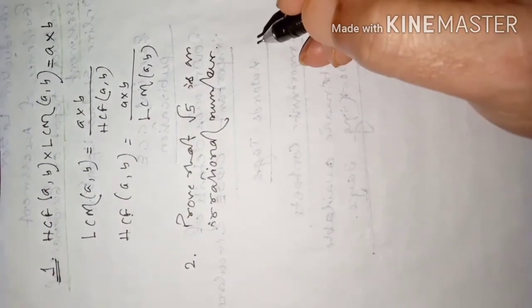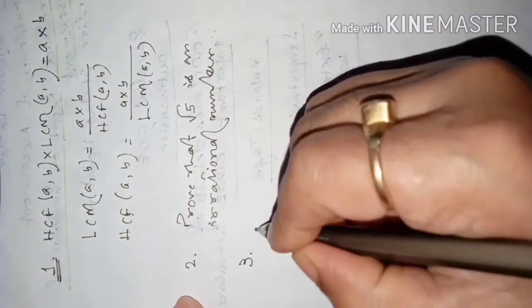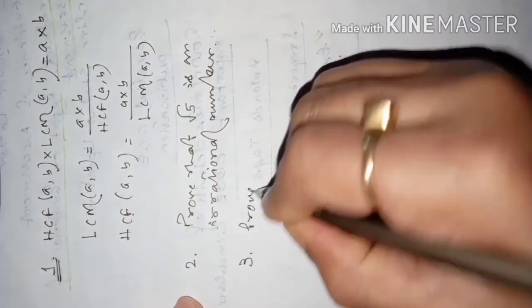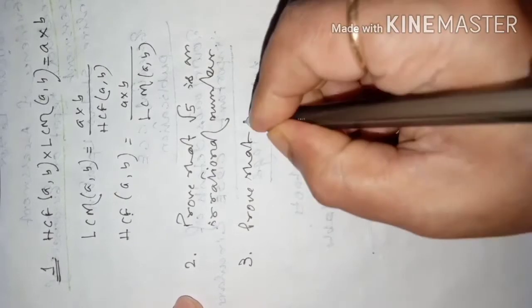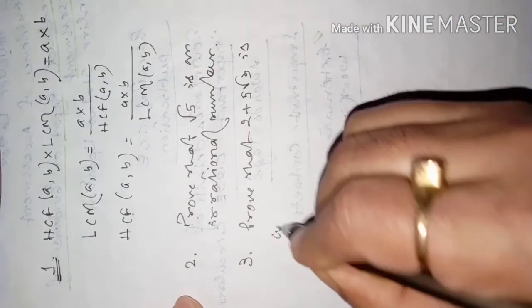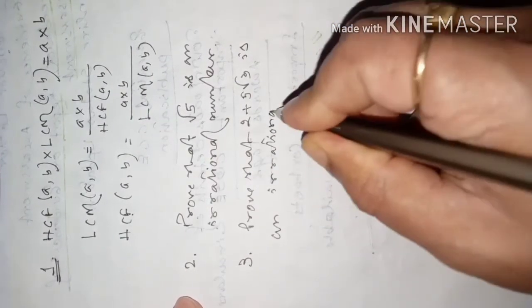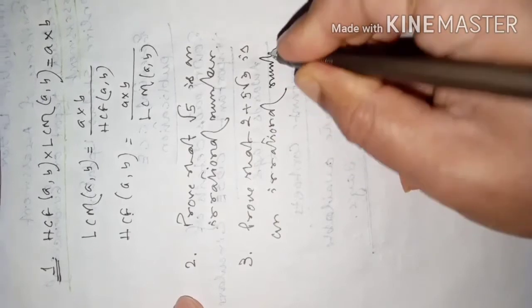Or prove that root 2 is an irrational number. That type of thing. Another question that comes is: prove that 2 plus 5 root 3 is an irrational number. So this type of questions you must go through.